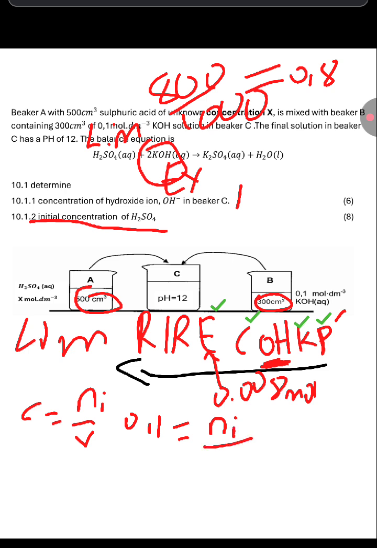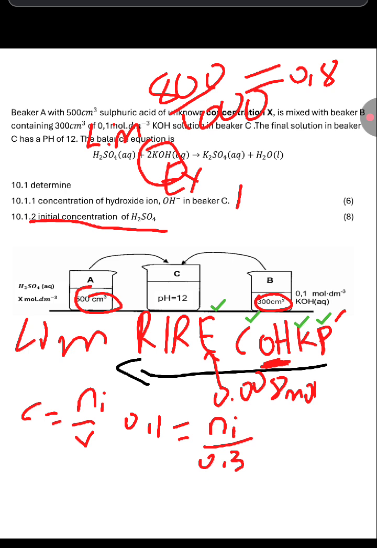Then the volume is the 300 before it is mixed. So that 300, you divide by 1000, you get 0.3.